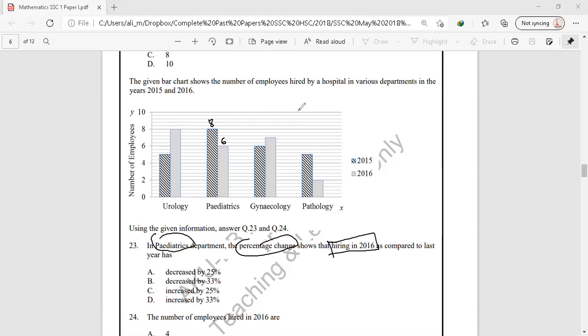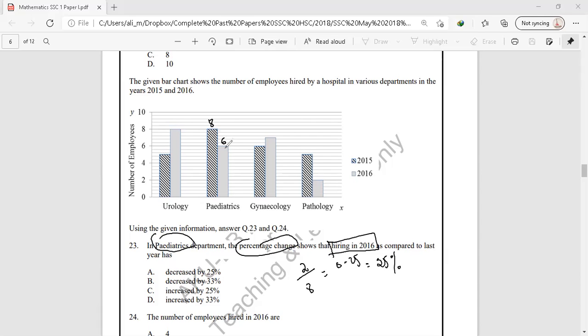So we have a decrease of 2 employees in this year. So we have to find the percentage with respect to the previous year. So the change in this year is 2 employees, and the percentage would be equal to 0.25, multiplied by 100 would become 25%.